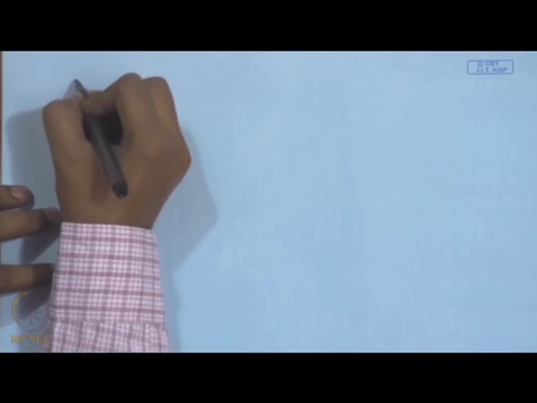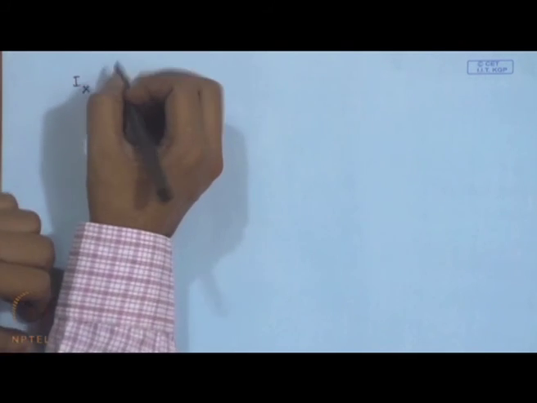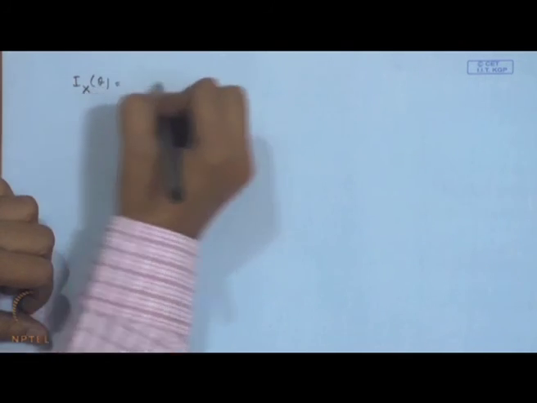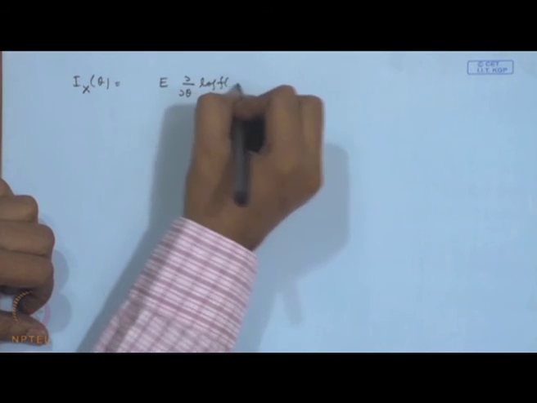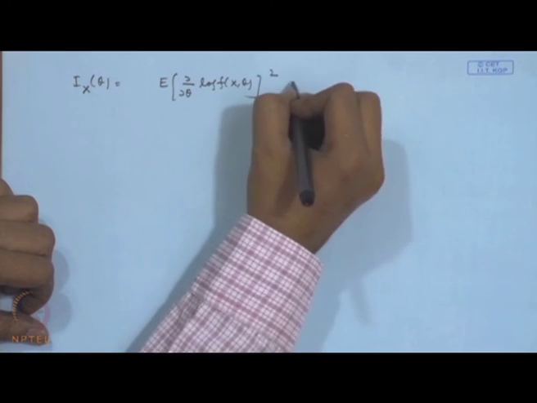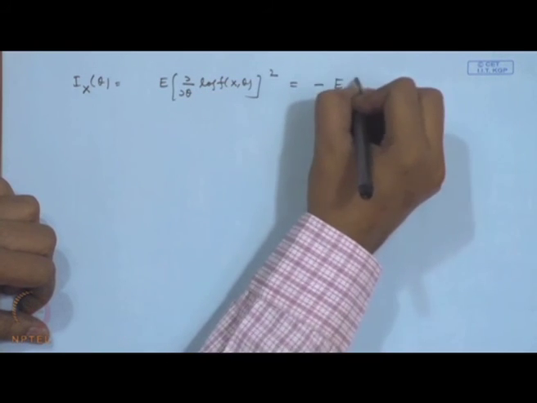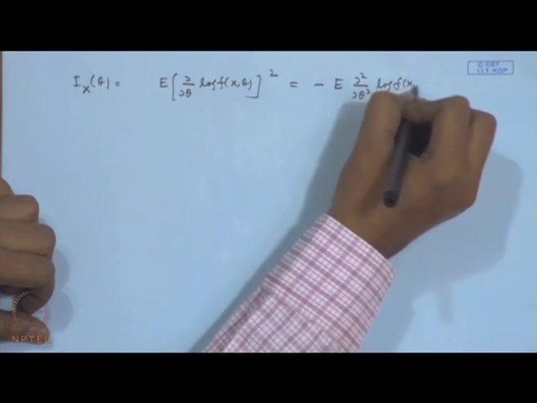Then let us consider information in x, that is equal to expectation of del by del theta log of f x theta whole square, which is also same as minus expectation of del 2 by del theta 2 log of f x theta.